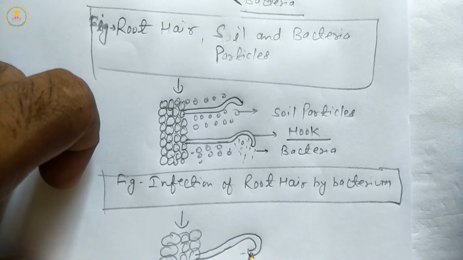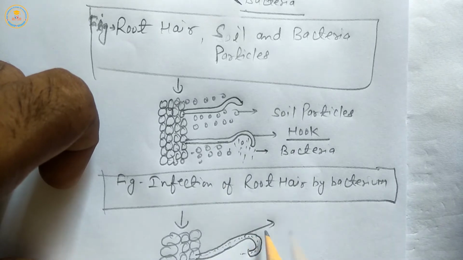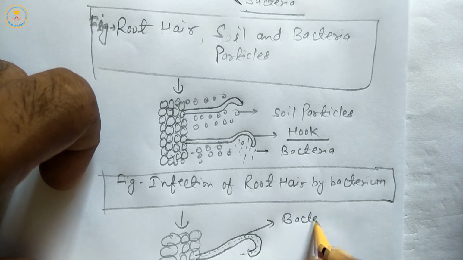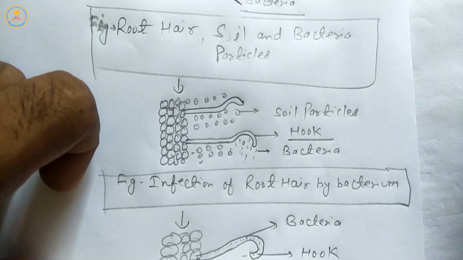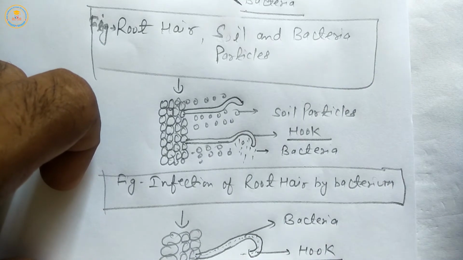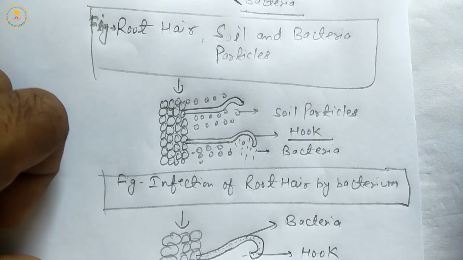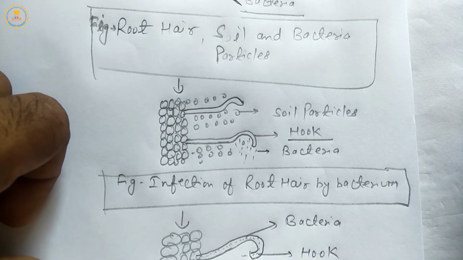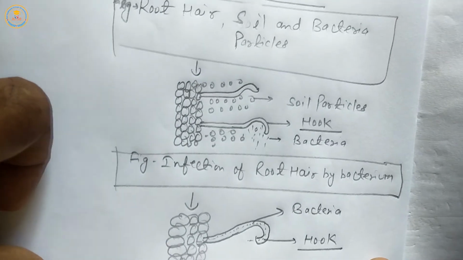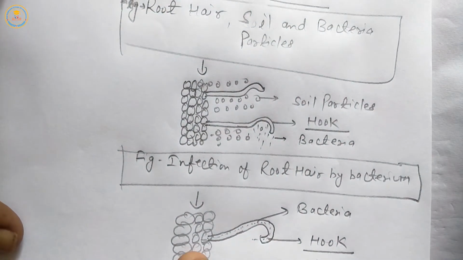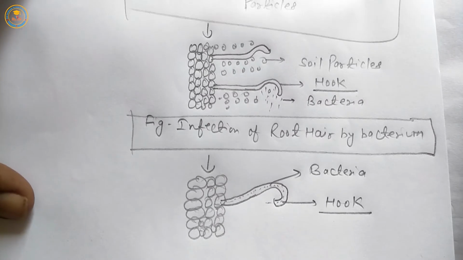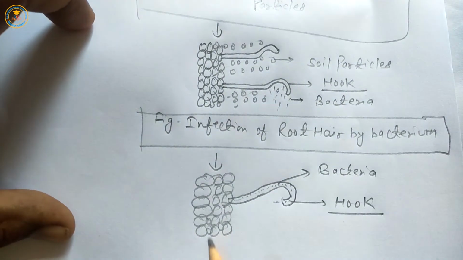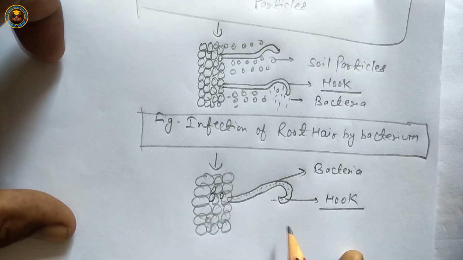The bacteria enter the cortex part and stimulate karyokinesis. It means DNA multiplication. Finally, the cortex cells convert into tumor-like structures. The tumor-like structures are called root nodules.